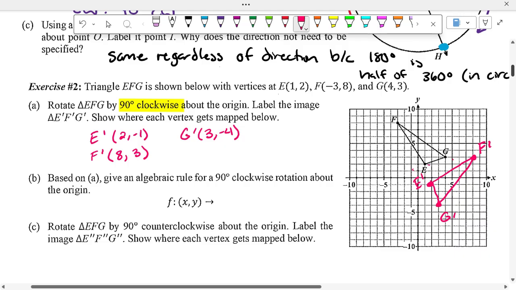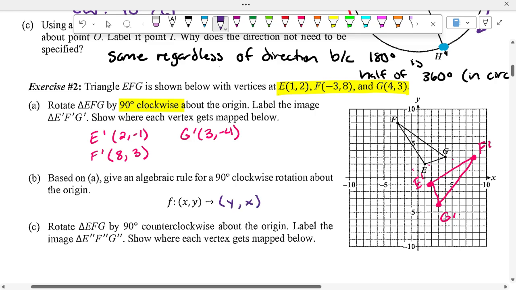So look at the original points up here. What happened between the original and the new? So if we look at the original, what happened? The coordinates flipped. So the coordinates flip. So the first thing that happens is we have y, x.